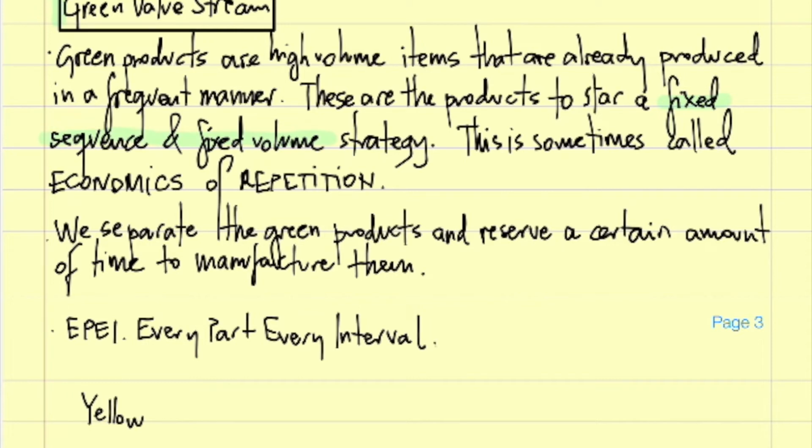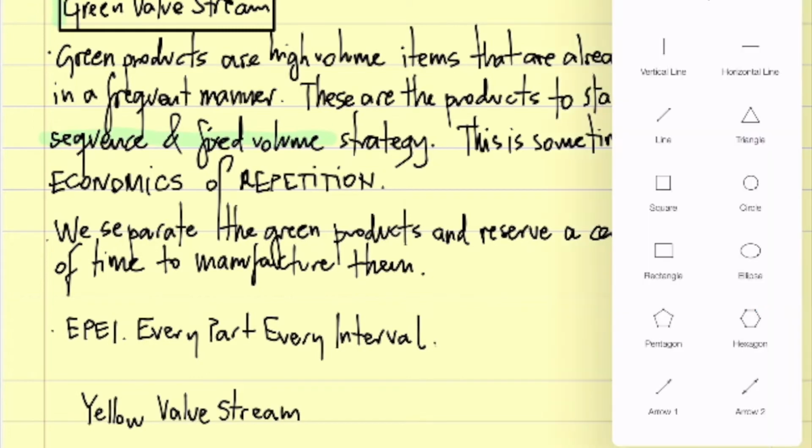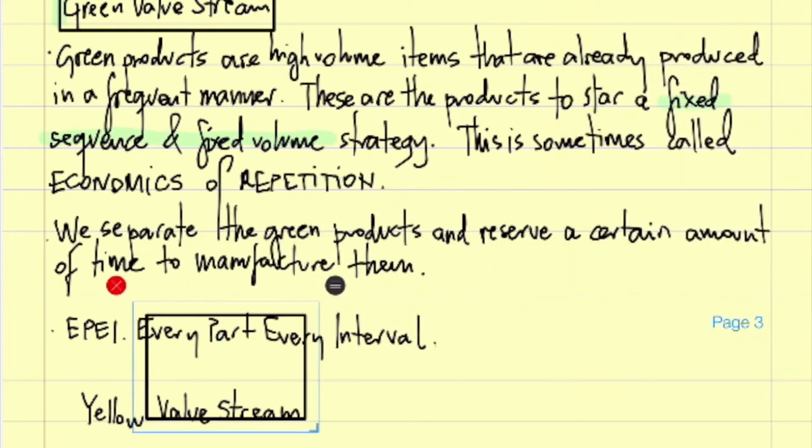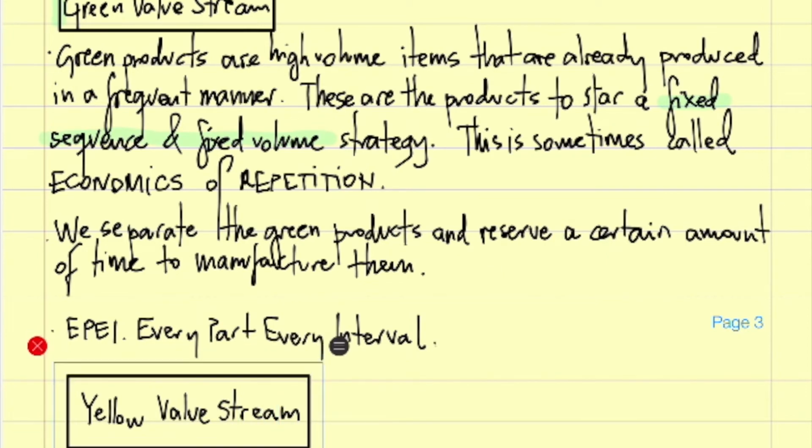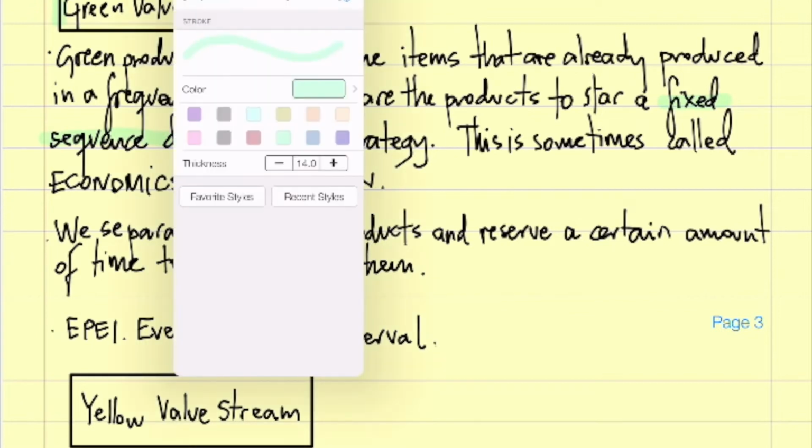So the yellow value stream here is where we do our improvements. How do we do our improvements here in this lecture?